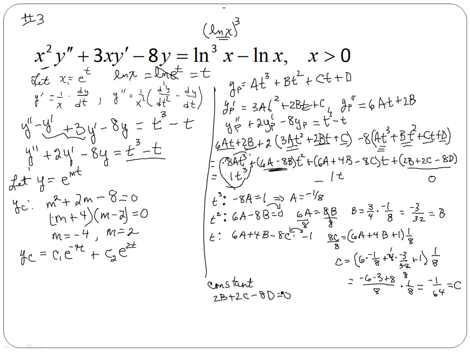And here I'm solving for d. I know the value for a, b, and c. And so let me bring that d term over. And I'll get 2b plus 2c is equal to 8d. And here I can divide by 8, which is the same as multiplying by 1/8.